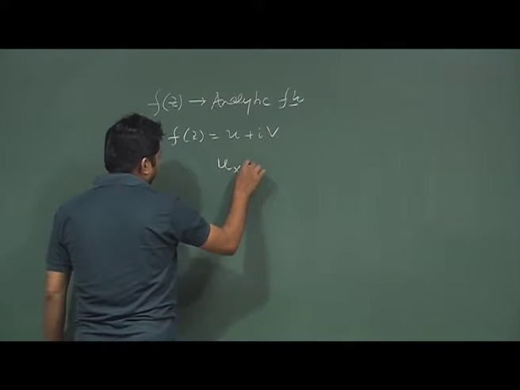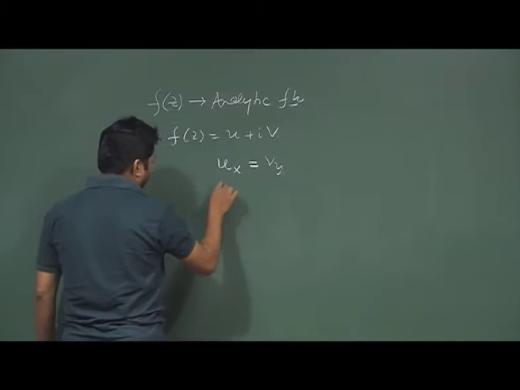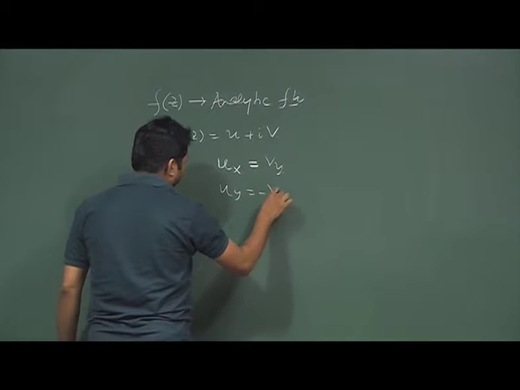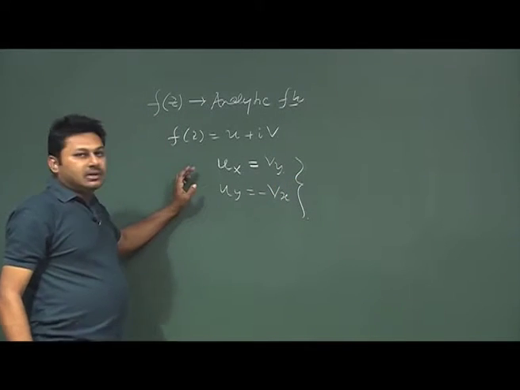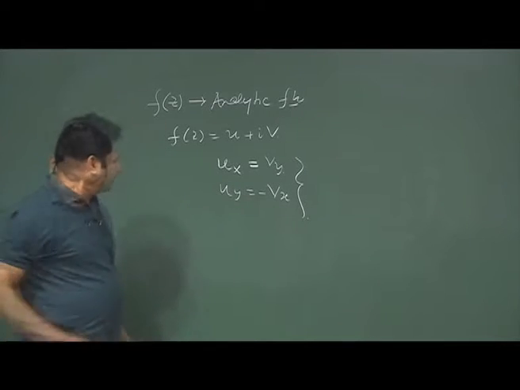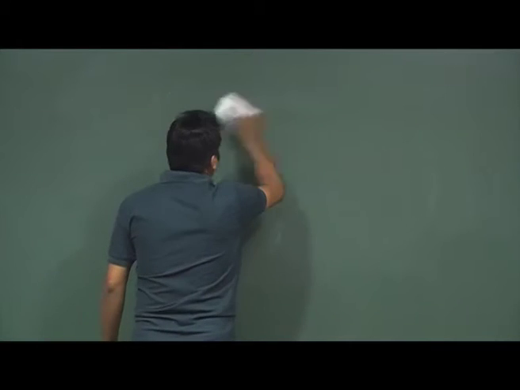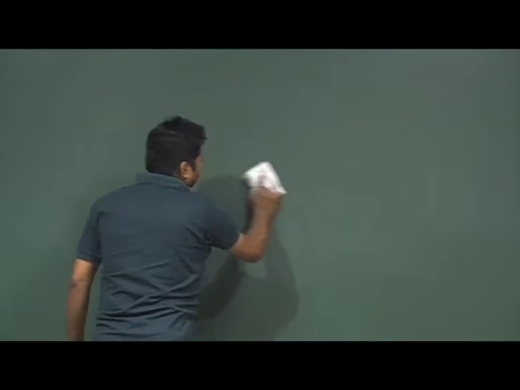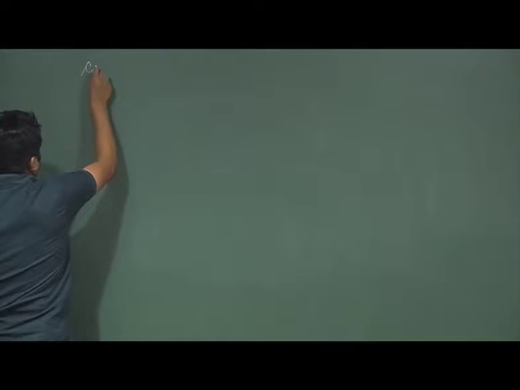If it is analytic, then ux is equal to vy and uy is equal to minus vx. This is the essential condition so that the function is analytic. Today, since the analytic function is now well defined, we will go to the next level in complex analysis, which is important, and that is complex integration.